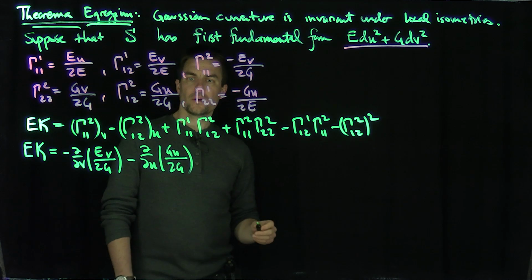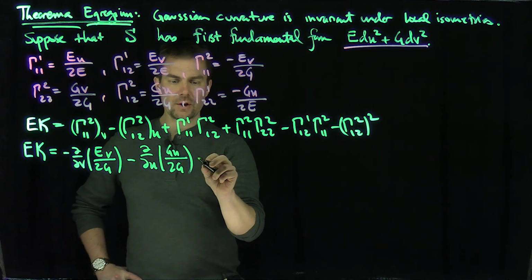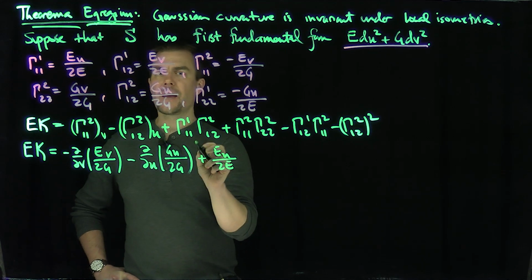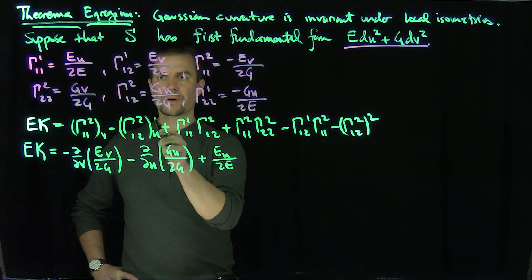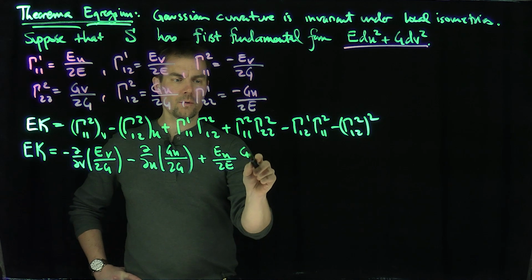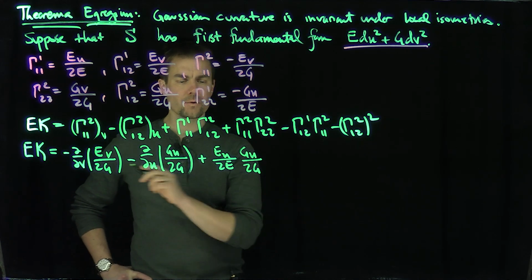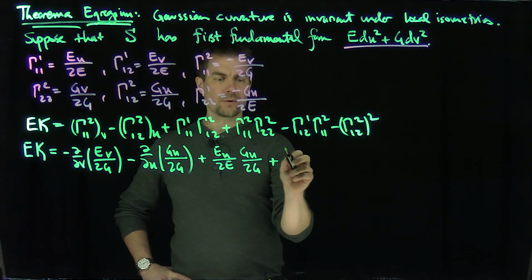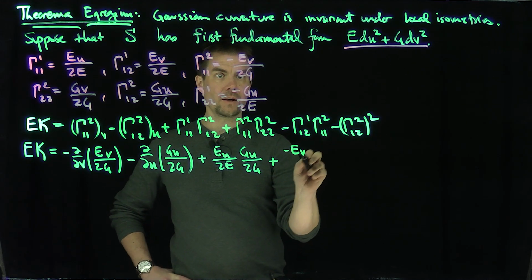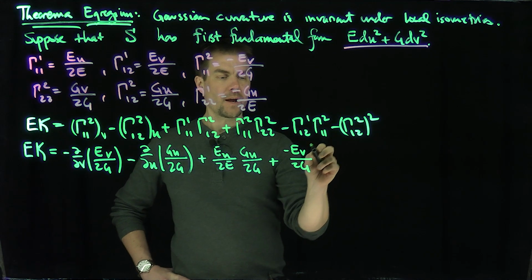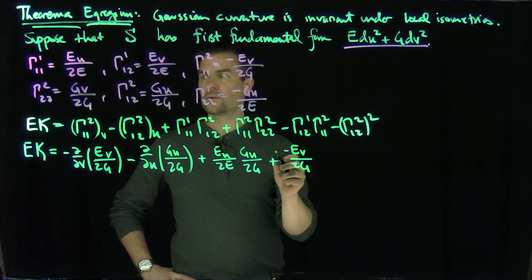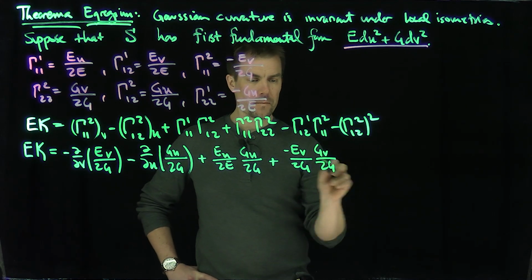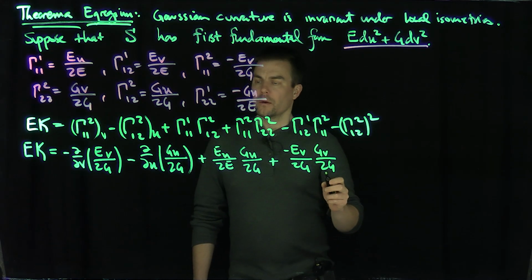Great. And then gamma 1,1,1 is E_u over 2E, and then gamma 1,1,2 is over here. It's going to be G_u over 2G. Great. Then plus gamma 1,1,2 is going to be a negative E_v over 2G, multiplied by gamma 2,2,2, which is G_v over 2G. Great.